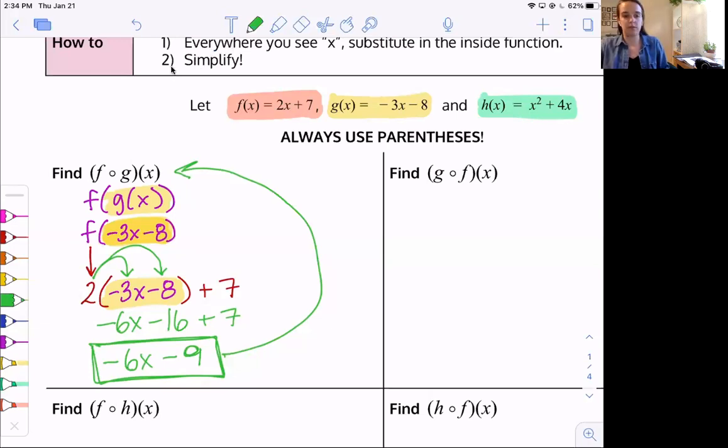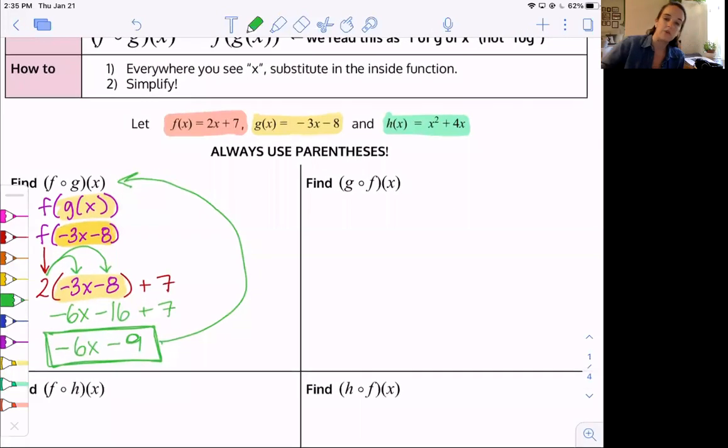Cool, I'm looking for everyone's response here. Thank you for your response. All right, this is what I'm seeing. We're seeing some 4s, some 2s and 3s, a couple 5s. Appreciate that. Let's take a look at our next one.